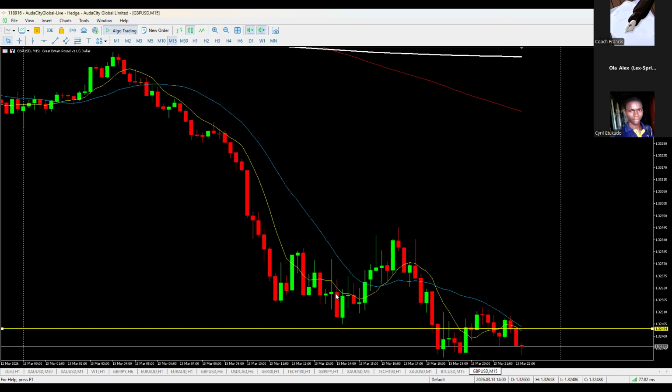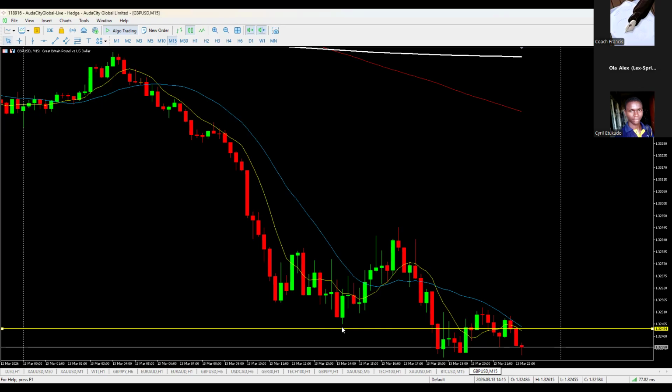The one before it is 1, 2, and 3. So we want candle number 3 to take out both number 1 and 2. Well, sometimes it's not going to be number 3 that takes them out. It could be number 4, 5, 6. So just put it this way. We want both candle number 1 and number 2 to be taken out eventually.